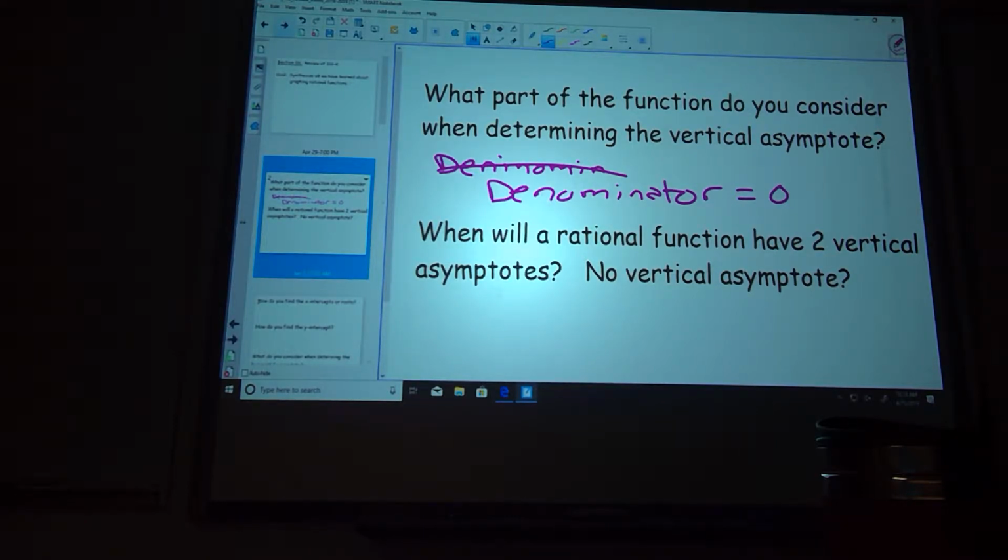So if your denominator factored to say x plus 2 and x minus 2, and let's say the x minus 2's cancel out, at 2 comma something, you're going to have a hole. That's not going to have an asymptote. You're still going to have a vertical asymptote because the x plus 2, that would be x equals negative 2 for an answer. So I think we have a slide on that, so we'll cover that in a little more detail.